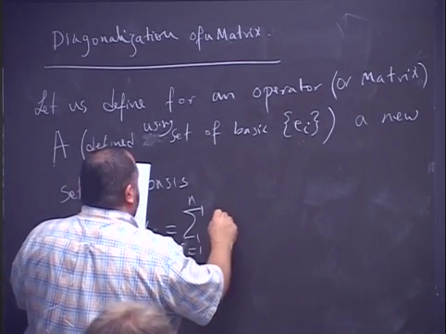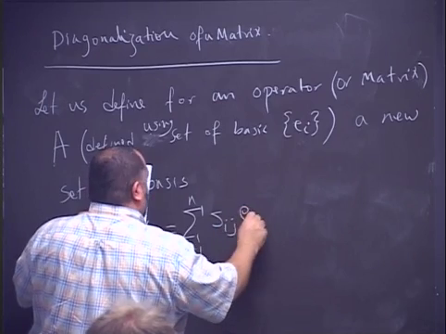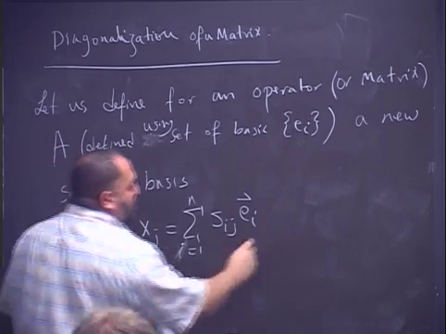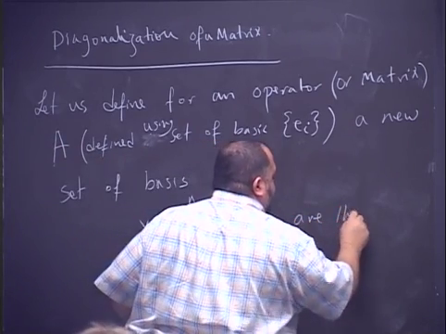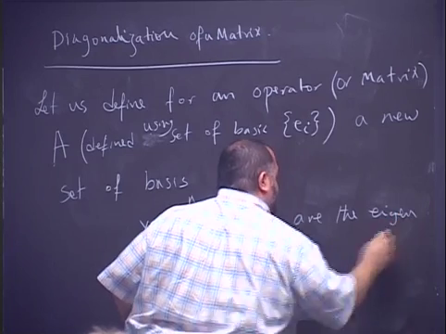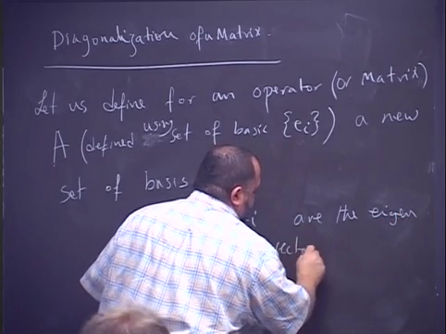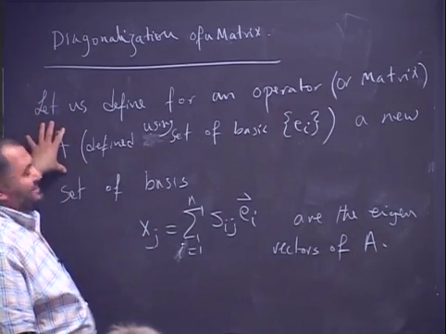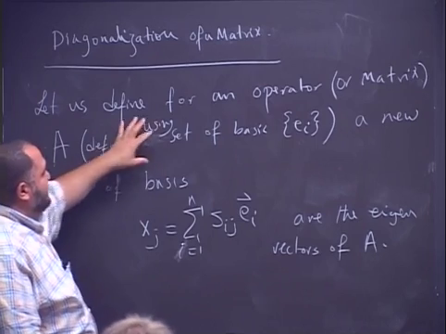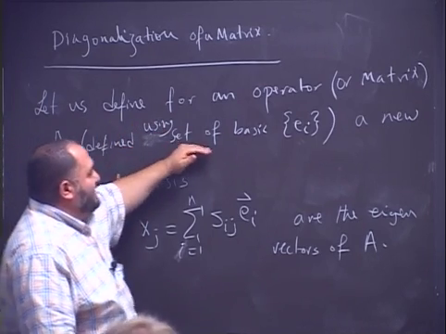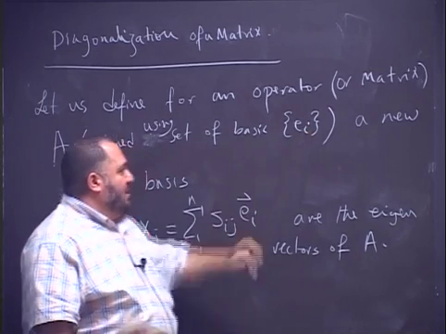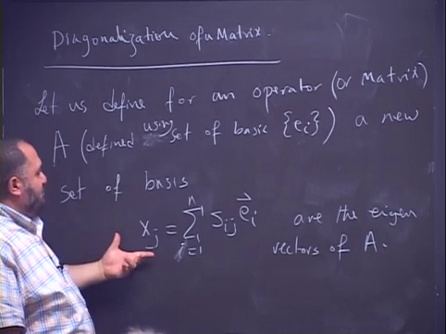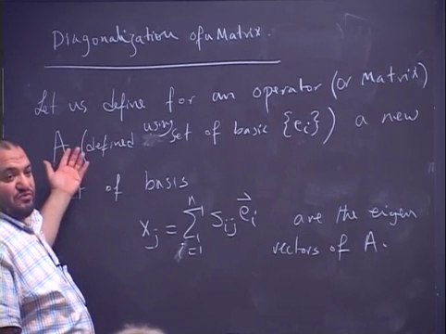So the x_j are the eigenvectors of matrix A. So if we have a matrix A and the operator is defined using a set of bases E_i, now we will define a new set of bases, and this new set of bases is just the eigenvectors of the matrix A.